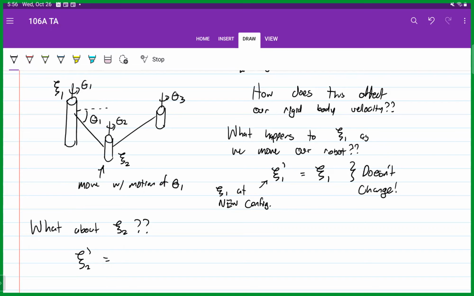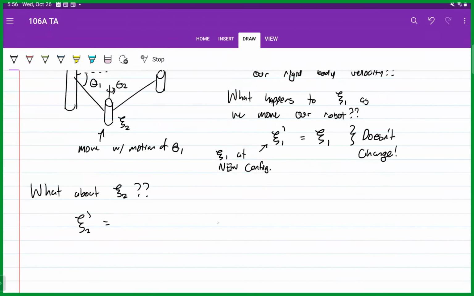So if we move with theta1, xi2 appears constant.